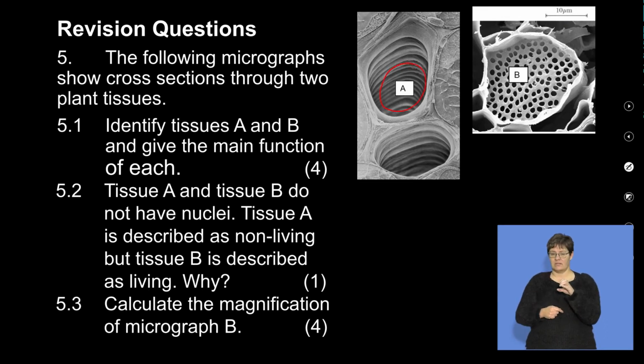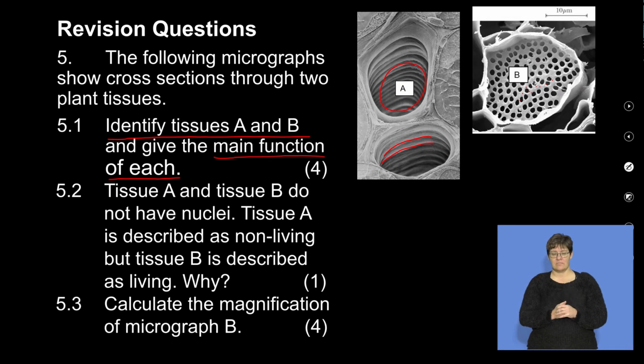Okay, so that's obviously xylem because of the thickened. You can see the thickenings. And B is obviously a sieve plate, so that type of tissue is obviously phloem. So this starts off easy, identifying and giving the main function of each, which is fine.